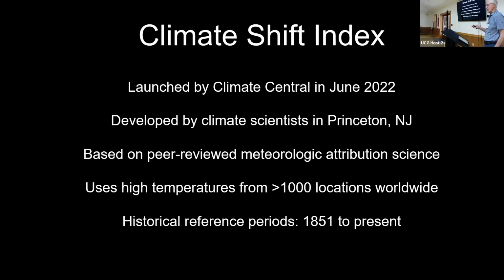And they based an index, the Climate Shift Index, on peer-reviewed meteorologic attribution science, some of what we were just going over. And it used both high and low temperatures from over 1,000 locations around the world. And they used historical reference periods dating back to 1851.